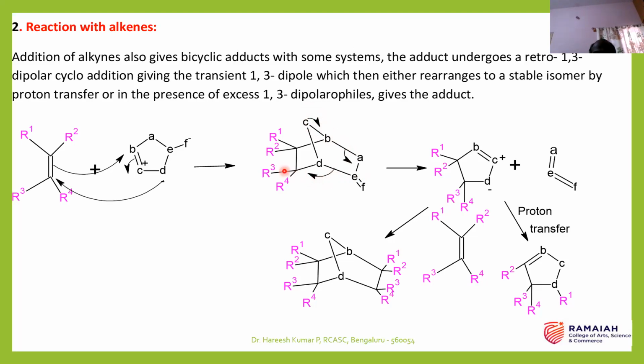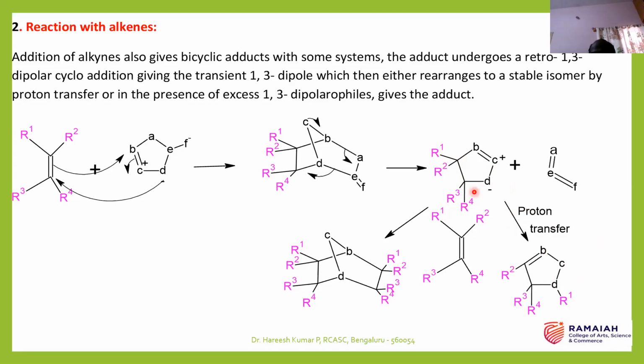That is how there is again a formation of a 1,3 dipolar compound. This 1,3 dipolar compound is unstable. It can be converted into a stable one. Suppose if R1 has a proton, then there will be a proton shift from here to here, that means a 1,3 proton shift.